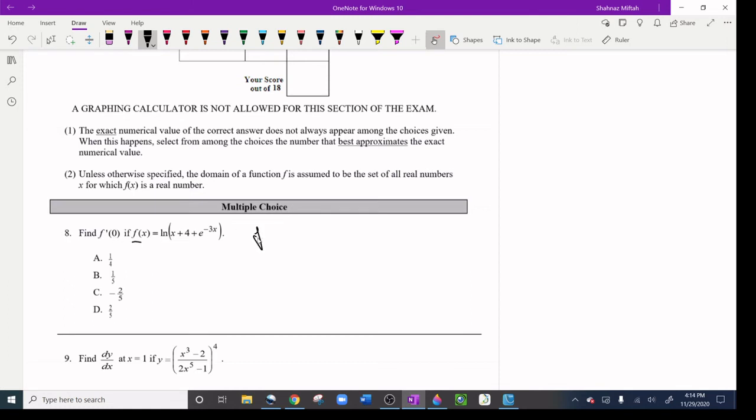So the derivative of the f of x function is ln. We know that the derivative of ln x is 1 over x times the derivative of x, which is 1.